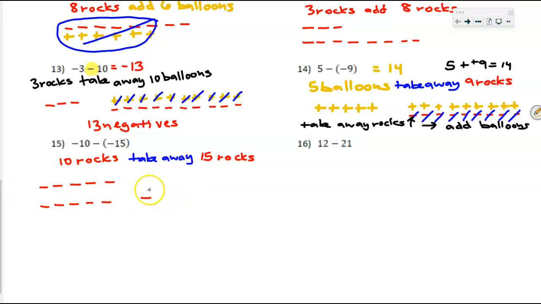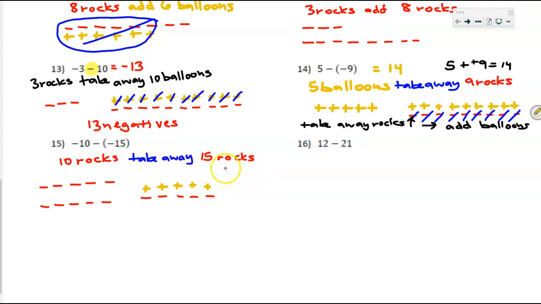Yeah, backpack, zero pairs. How many rocks are there now? There's these 10, and here's 11. There's the 12th one. There's the 13th one. Here's the 14th one, and here's the 15th one. Do I have to draw 15 zero pairs?